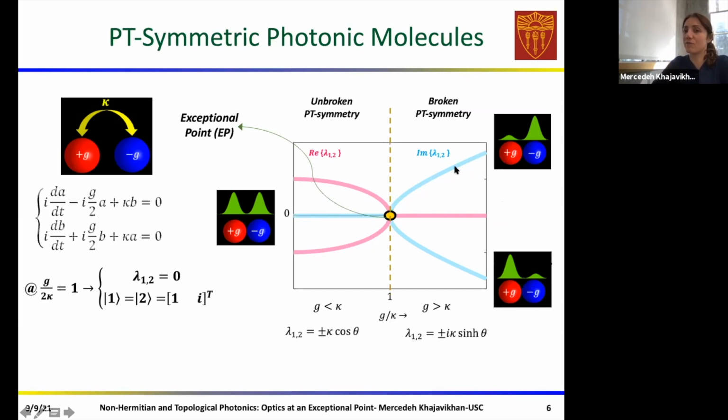That justifies why the imaginary components of the eigenvalues are one positive and the other negative, meaning that one of them experiences gain, amplification, and the other experiences attenuation and loss. So you see a very drastic and abrupt phase transition in the system as it passes through this exceptional point.